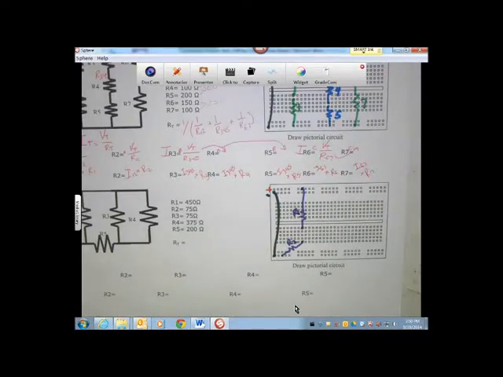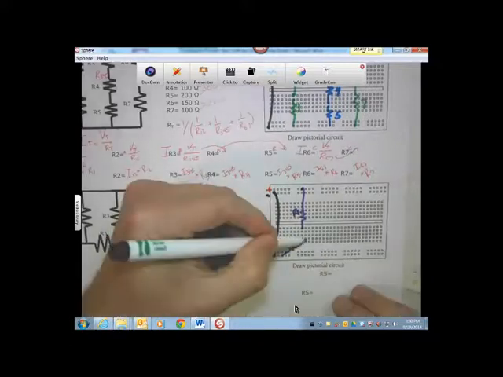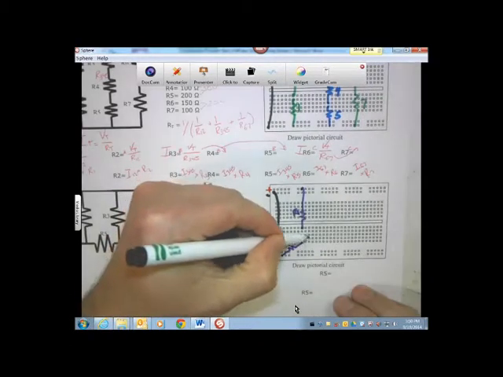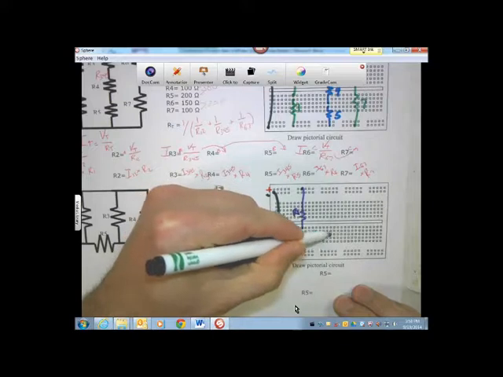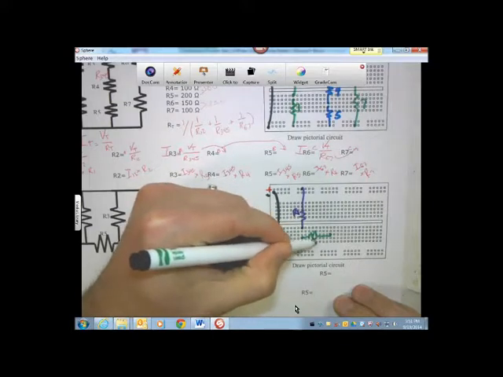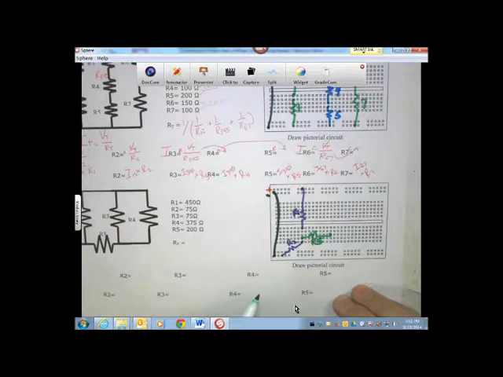That branch between R2 and R1 goes to R5, which then branches off with 3 and 4 to positive.